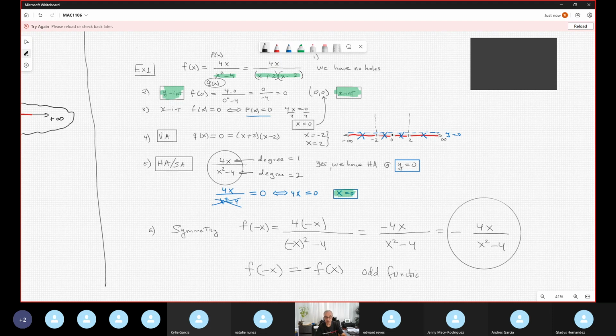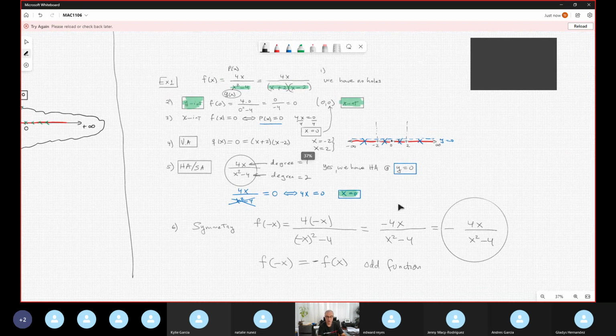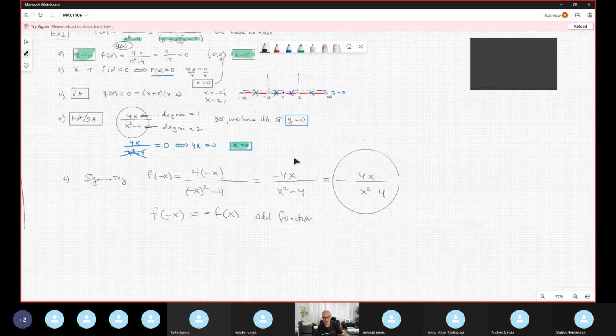Since it is an odd function, I take advantage of this. When I compute different points, I dedicate my time only to taking positive x.